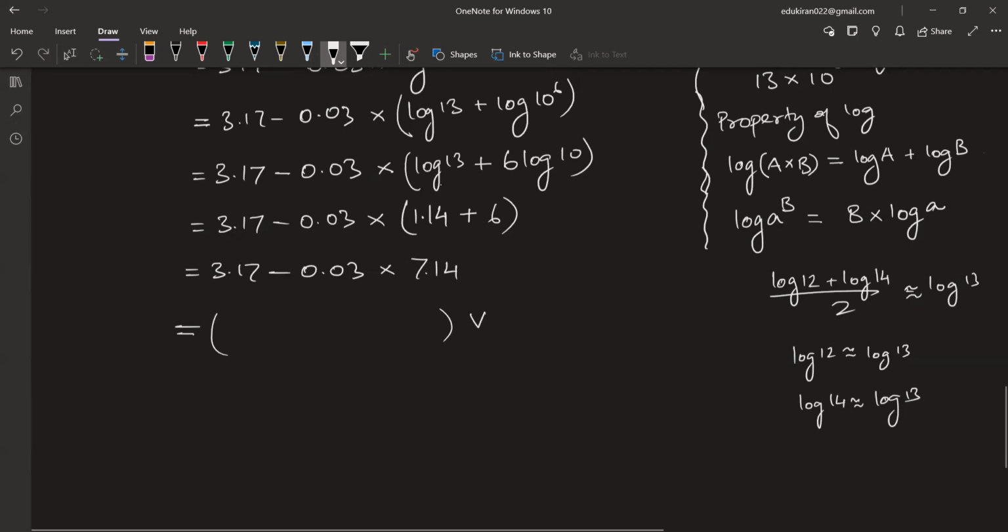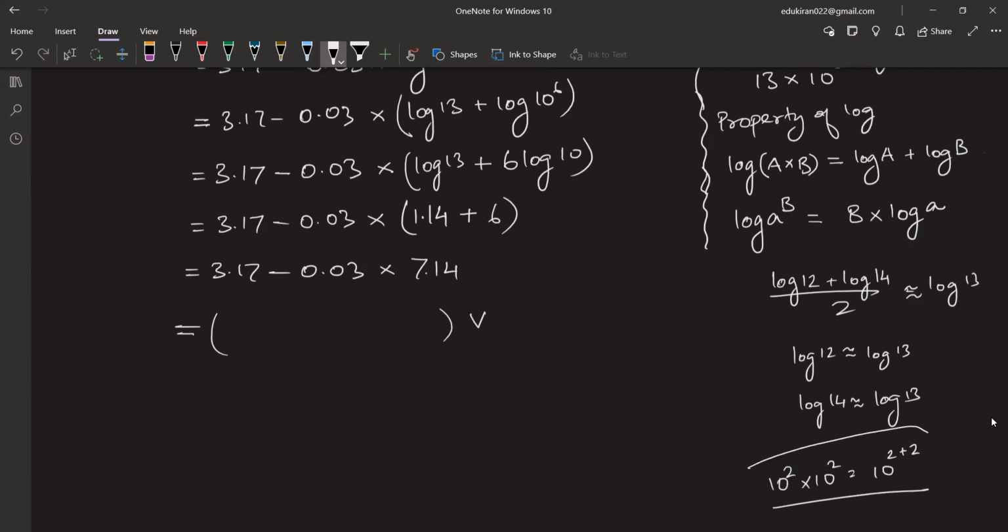So Wafia, you do one thing. You calculate this value, then I will explain the log. Why are we doing that? You remember this?